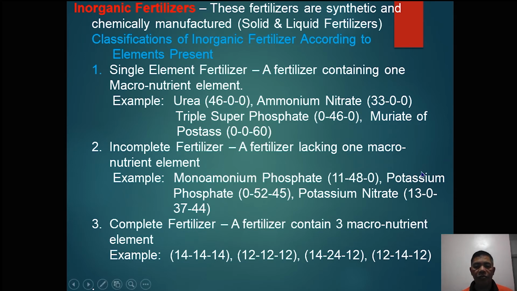For potassium phosphate, we have 0% nitrogen, 52% phosphorus, and 45% potassium. And for potassium nitrate, 13% nitrogen, 0% phosphorus, and 37 to 44% potassium.